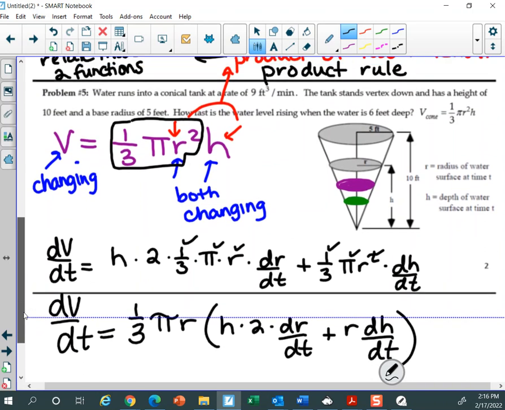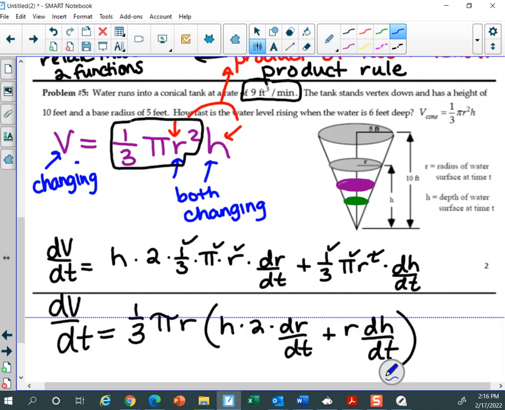If we go up and look in the problem, I have this rate. So 9 cubic feet per minute represents what variable or what expression in this relationship?